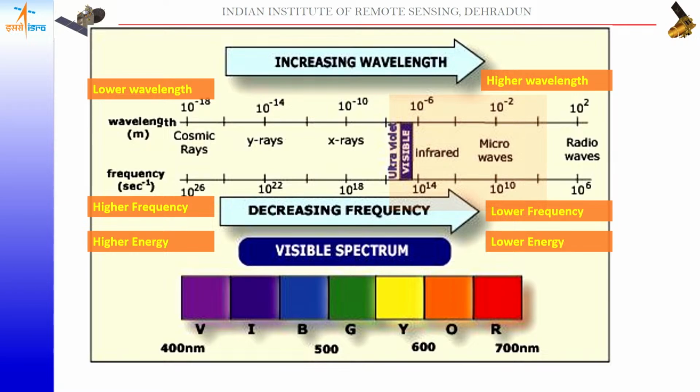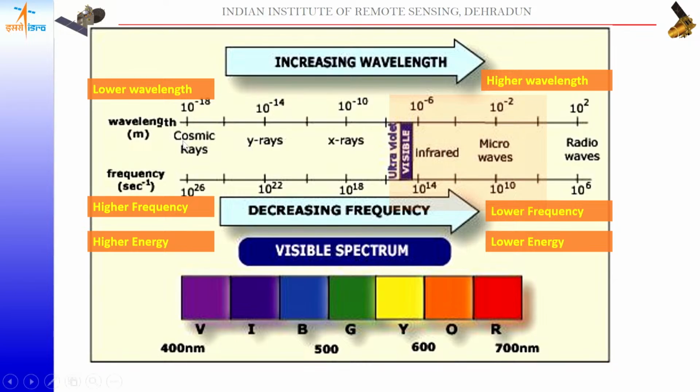Right. So this is an electromagnetic spectrum illustration. You can see that there are different components of electromagnetic radiation. We have categorized them based on their wavelengths, or you can say frequency or energy, because these are all connected.